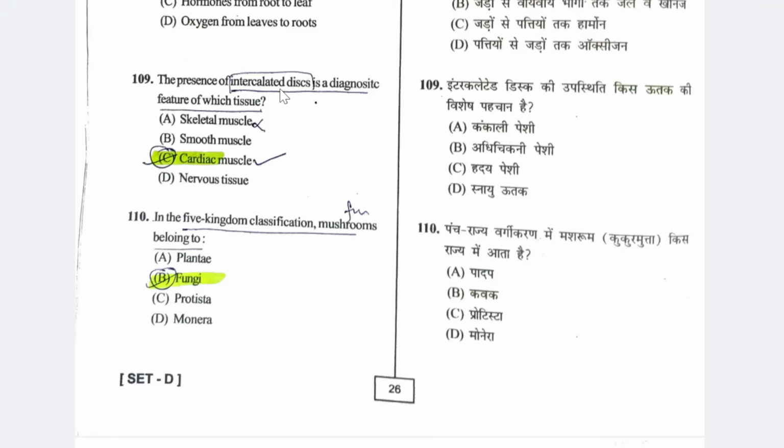The presence of intercalated disc is a diagnostic feature of which tissue? So answer is C, cardiac muscle. In the five kingdom classification, mushrooms belong to option number B, fungi will be the correct answer.